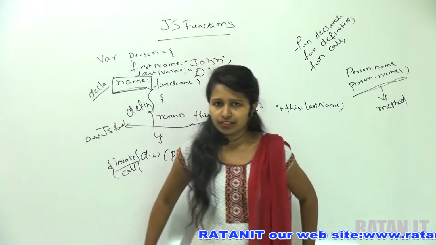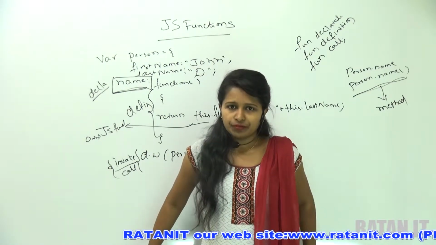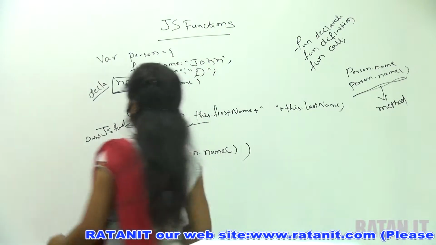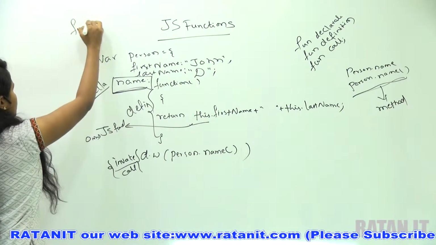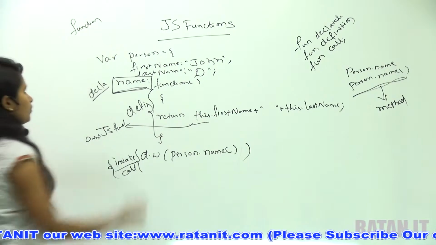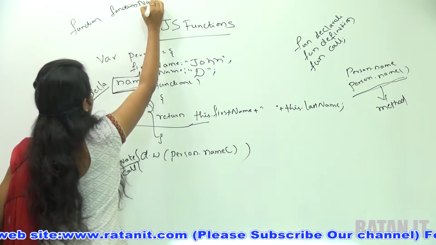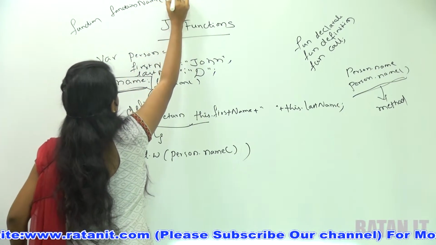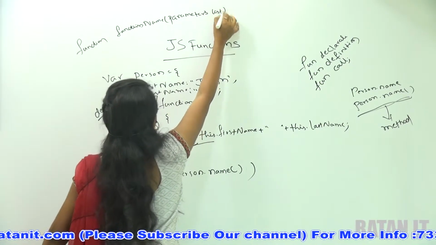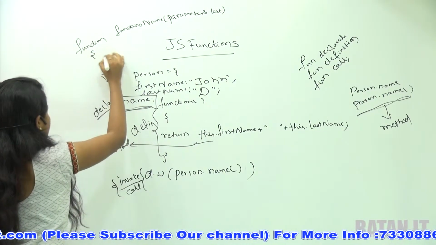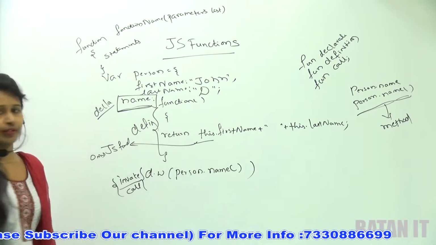Now you clearly understood a function, right? Let us suppose I have parameters in a function. What is the syntax of a function? It needs to be followed with a function name, with a parameters list, and here the functional statements.